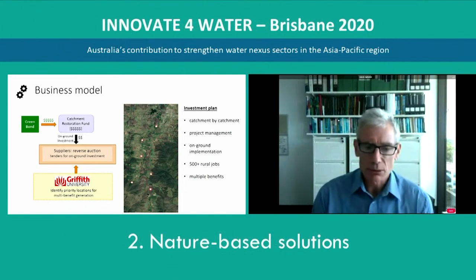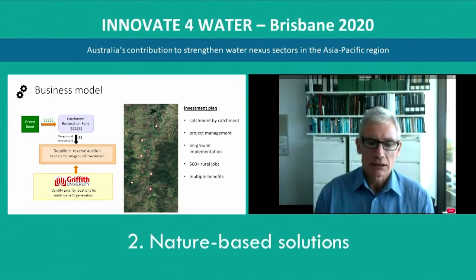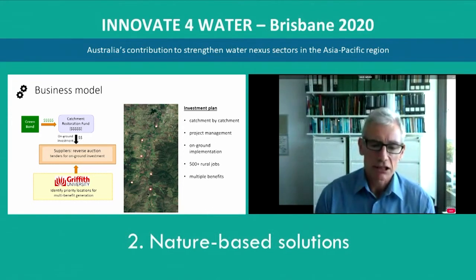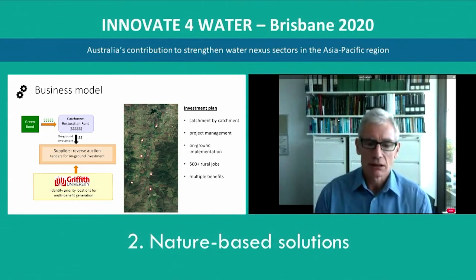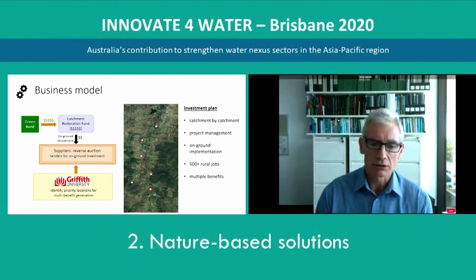So the business model that is being considered is one in which there may be a green bond investment, and that provides essentially the monetary input for a catchment restoration fund. That catchment restoration fund involves a group of suppliers or tenderers for on-ground investment in a reverse auction process that is being informed by some of the research to identify the priority locations and the multi-benefit generations that are possible.